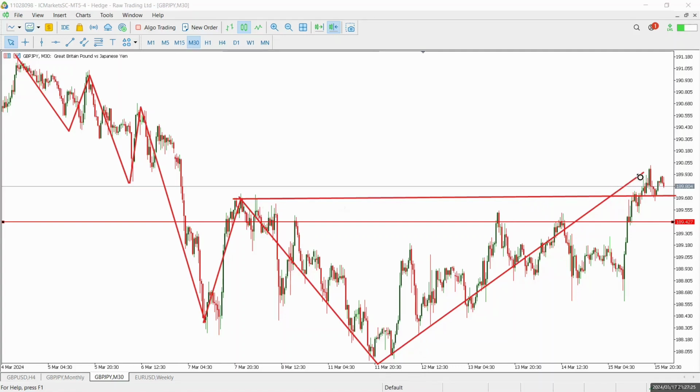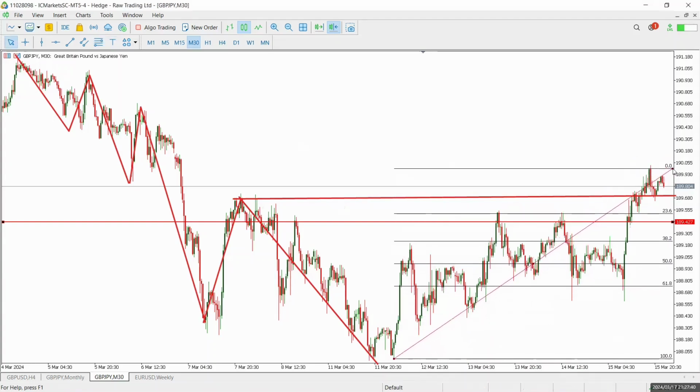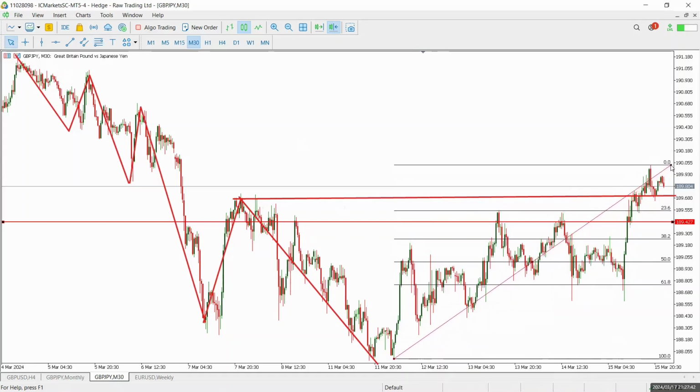So what are we going to do again? We are going to allow price to come back to 61.8. Bring our Fibonacci as usual from the lowest point to the highest point of the rejection, from here to the top. Allow price to come to 61.8. And what do you do when price comes to 61.8?